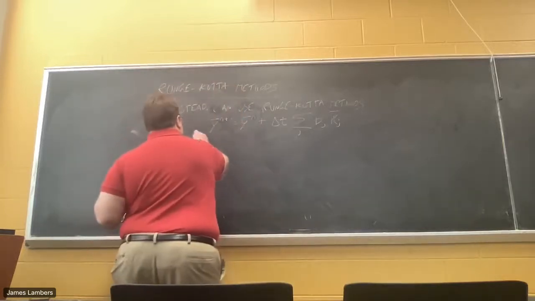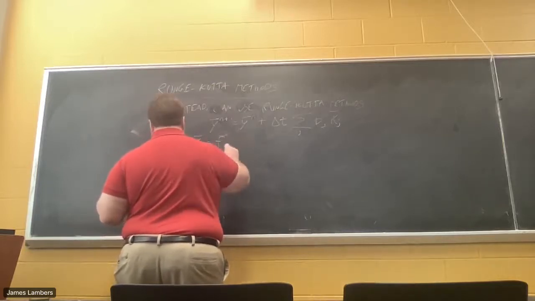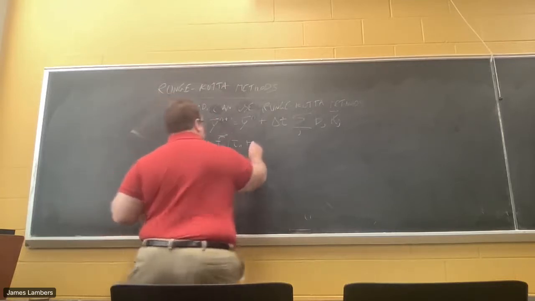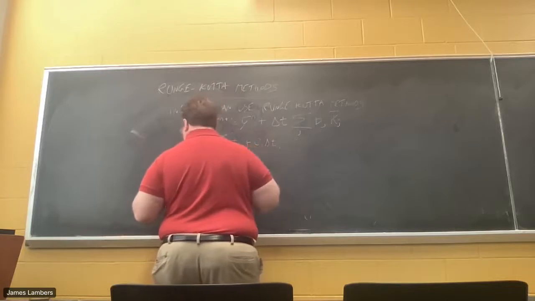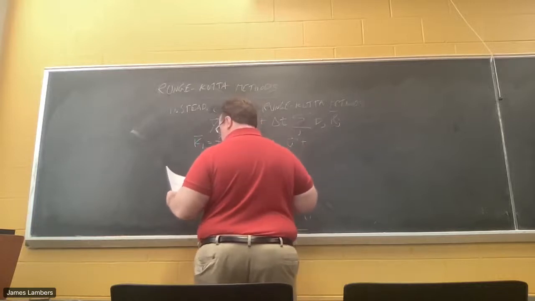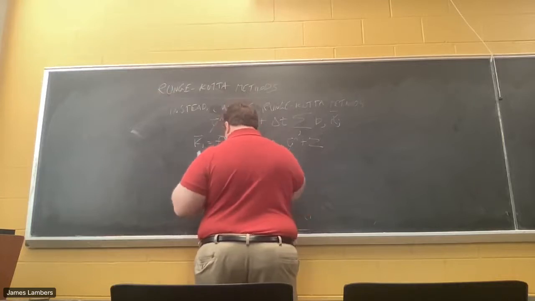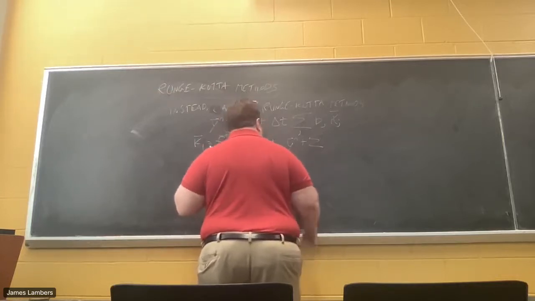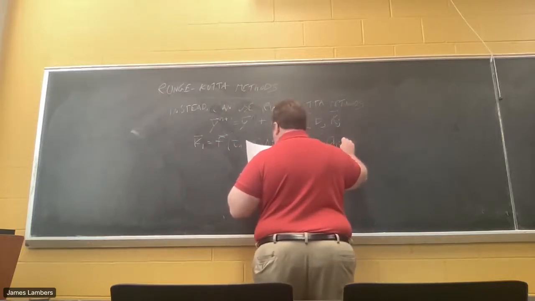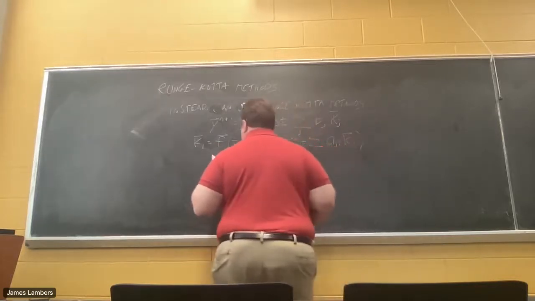So k_1 is equal to f evaluated at the arguments t_n plus c_1 delta t, and then the second argument, the y part, is y_n plus a sum over j of a_{1j} times k_j.